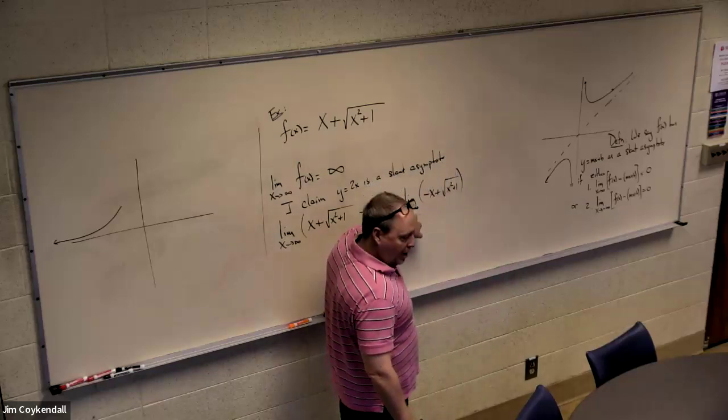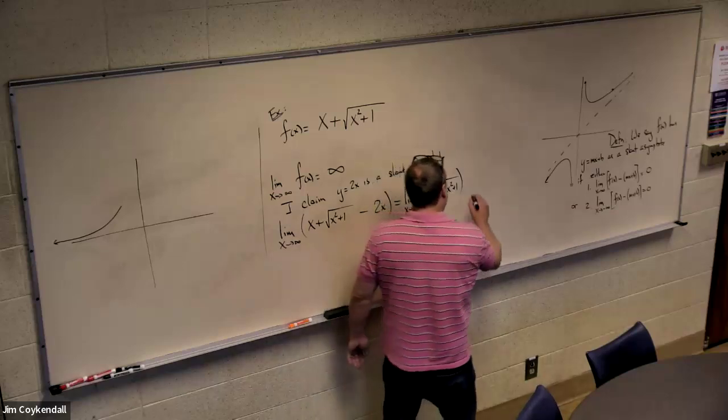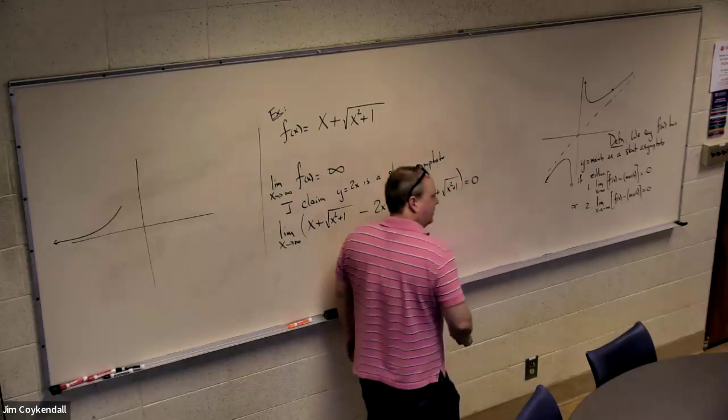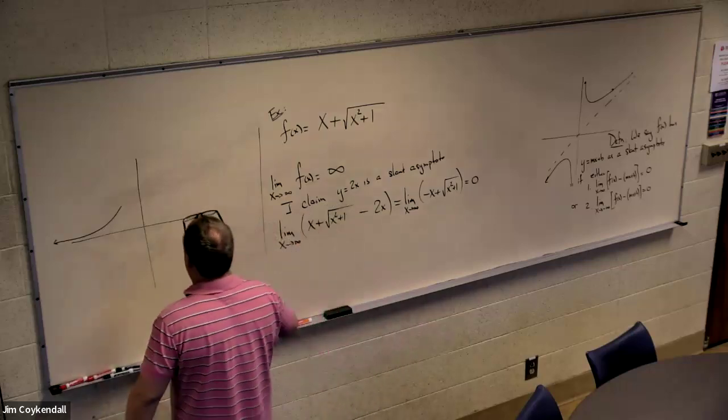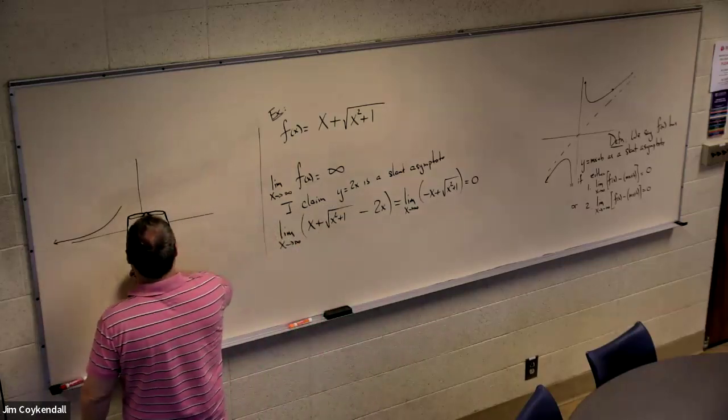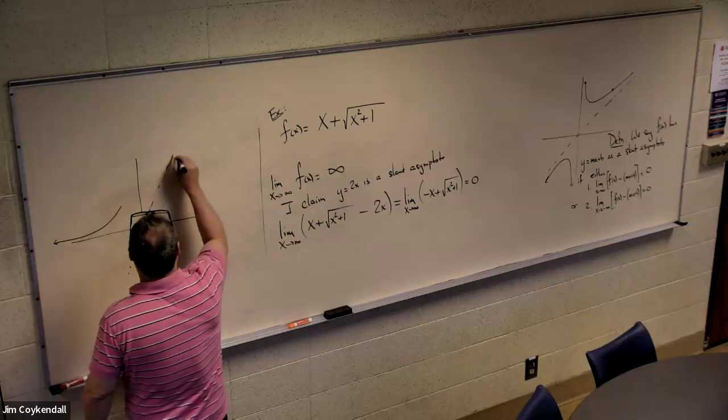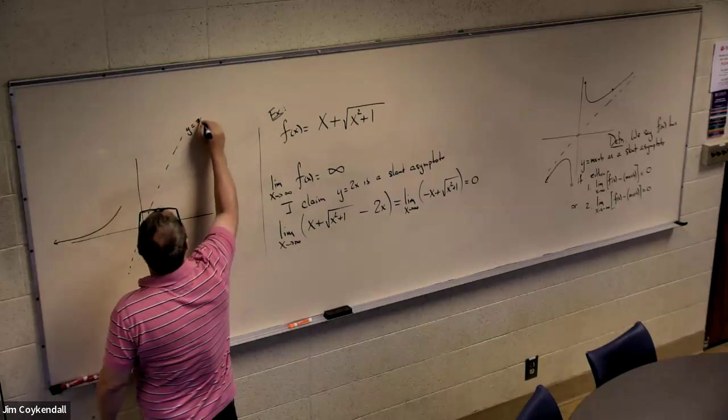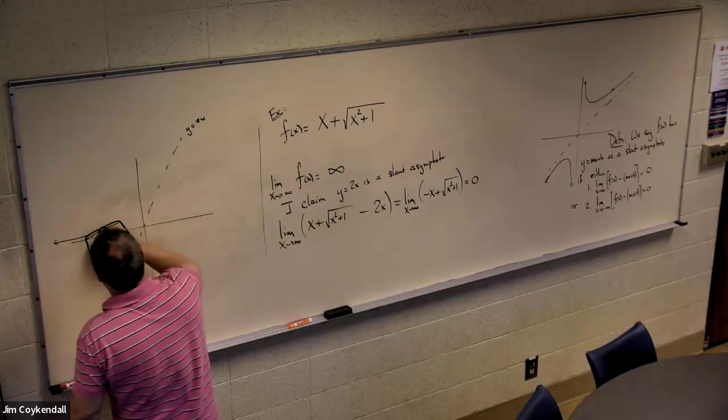And we're back to the same problem again, minus infinity plus infinity. This is actually 0. So I can tell you what this function looks like with a great degree of accuracy. It's got the slant asymptote y equals 2x in this direction.